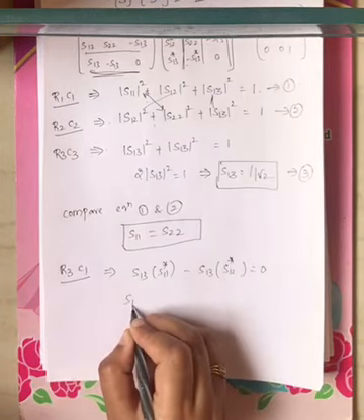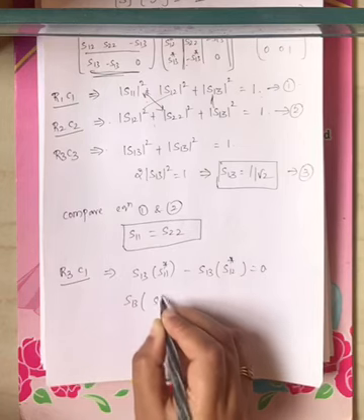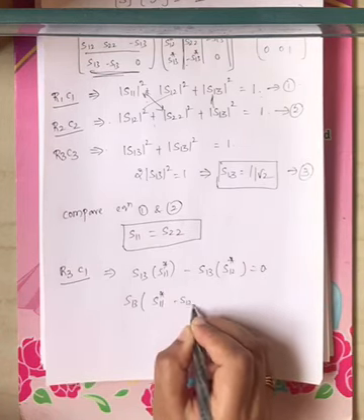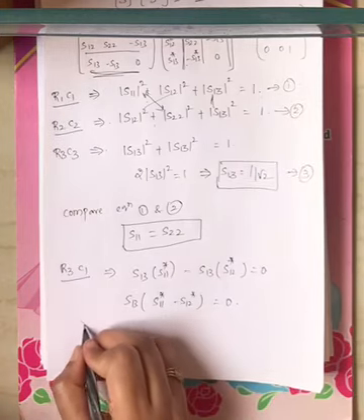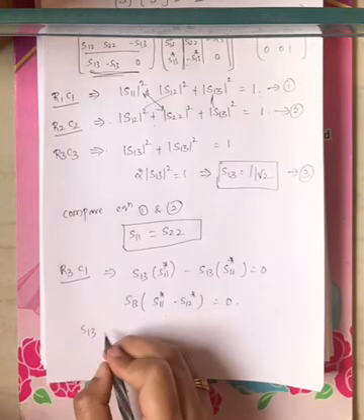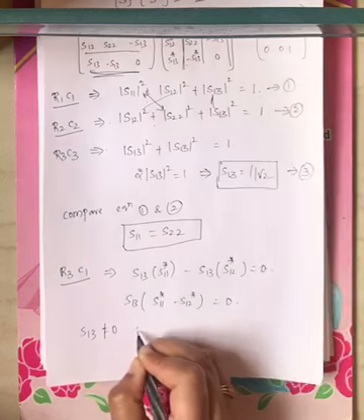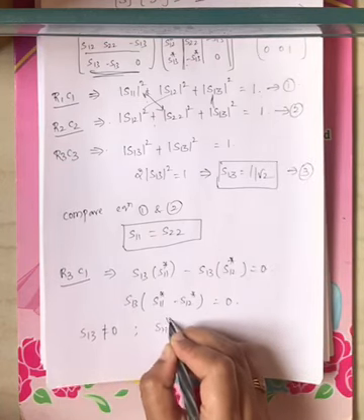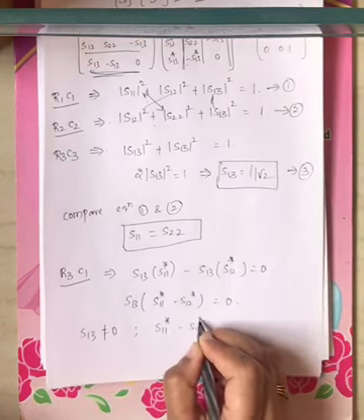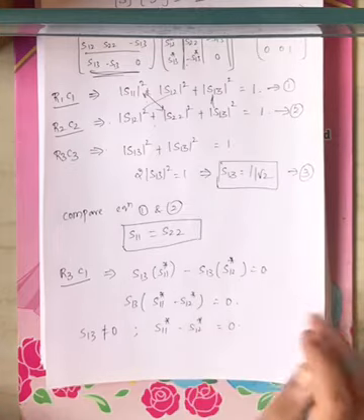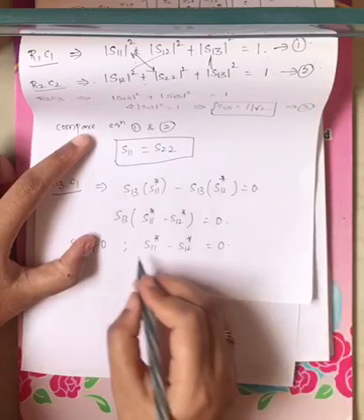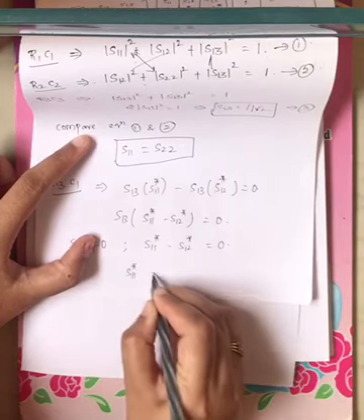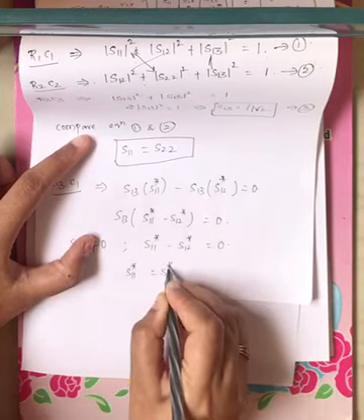From this expression, S13 into (S11 conjugate minus S12 conjugate) equals 0. S13 we derived as 1 by root 2, which can't be 0. So S11 conjugate minus S12 conjugate equals 0, which gives S11 conjugate equals S12 conjugate.